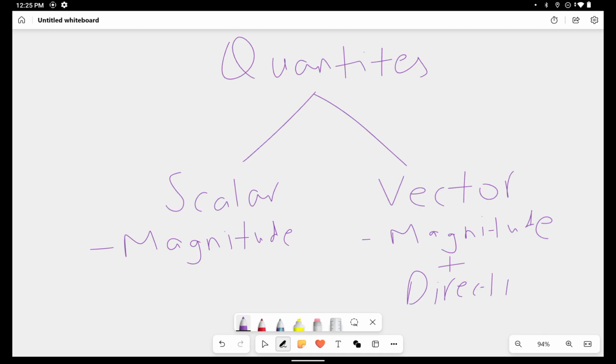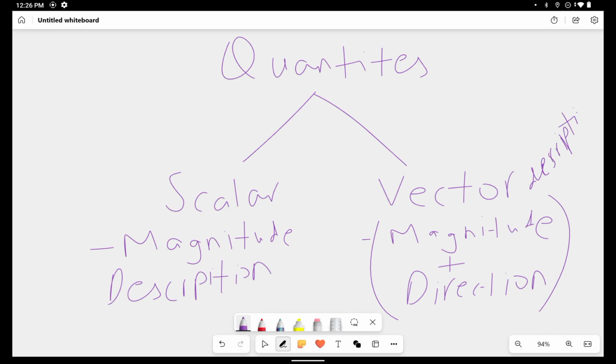For its description, a scalar quantity needs magnitude, and a vector needs magnitude plus direction, so that the quantity is described completely.